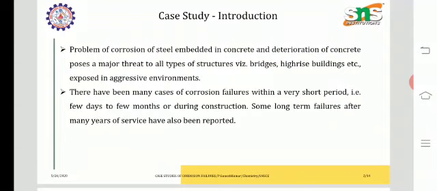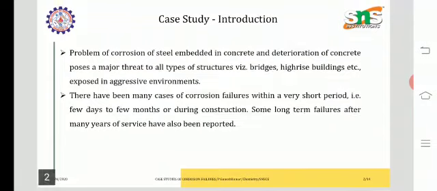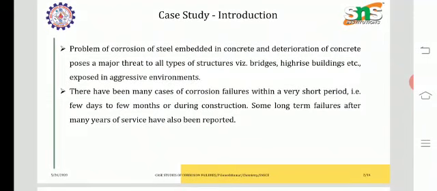So the corrosions are of many types. It may be wet corrosion or dry corrosion. The corrosion may be due to hydrogen, due to oxygen, or due to some salt solutions such as electrolytes.